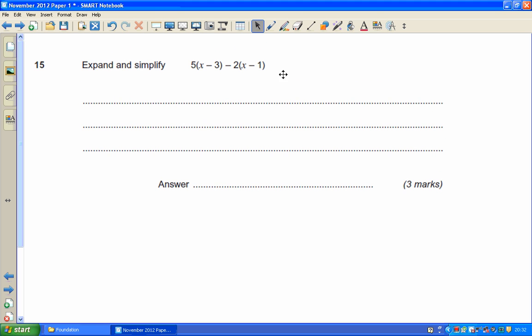Expand and simplify 5x minus 3 minus 2x minus 1. Right, so the key to this one is to treat each of them as separate things. So first thing you're going to do is the 5x minus 3 bracket. Then when we've done that, we can then do the negative 2x minus 1 bit.